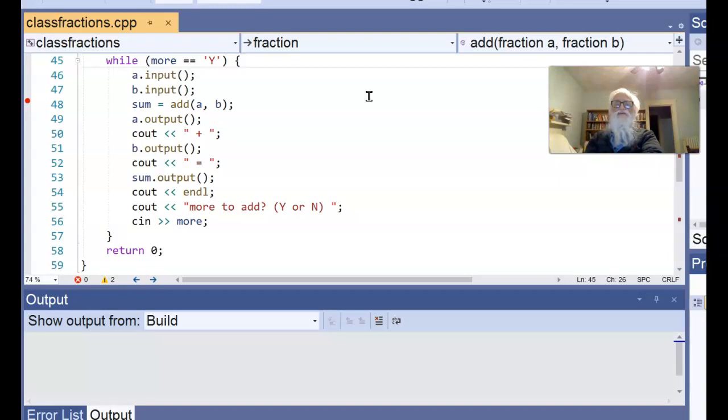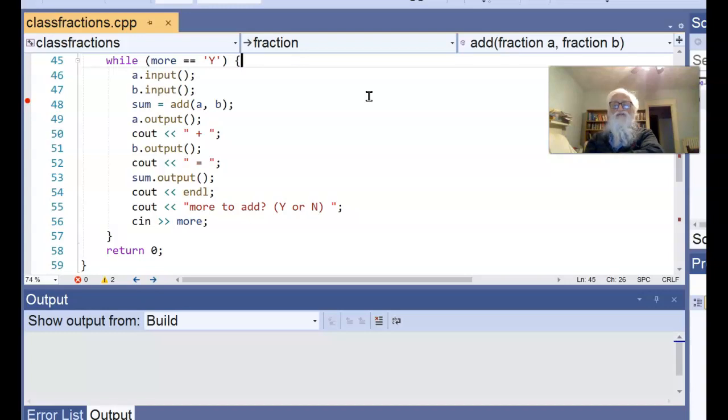I need to give a new meaning to the two chevrons that mean input. So that's called overloading them, giving them another meaning besides the ones they have.